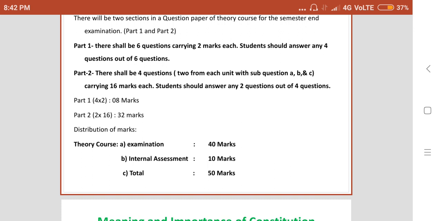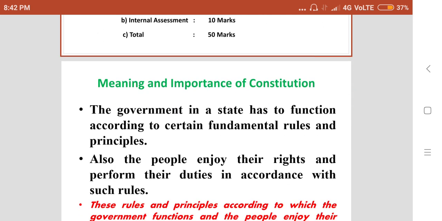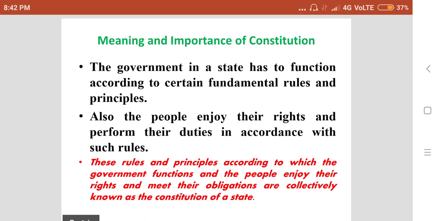So now let us move to the meaning and importance of the Constitution, which is the first topic in first unit. So Constitution is the subject which is very important for every state, whether democratic or otherwise.